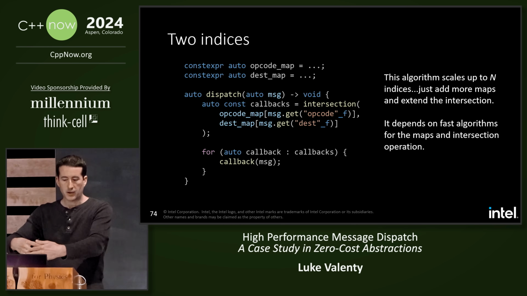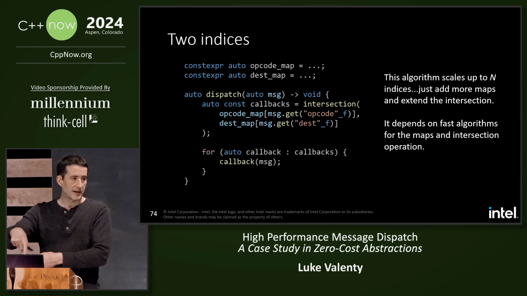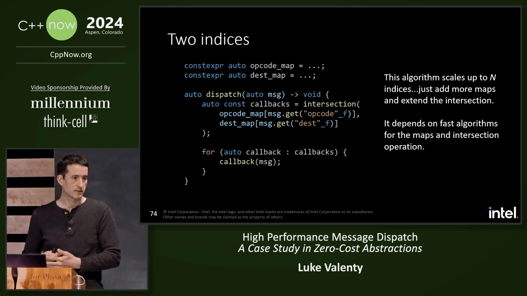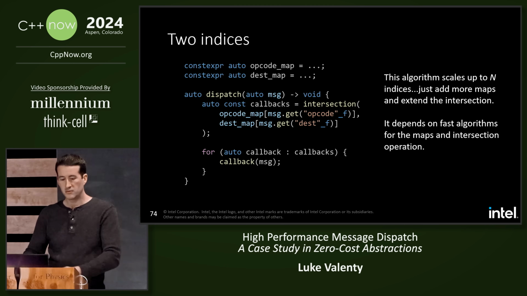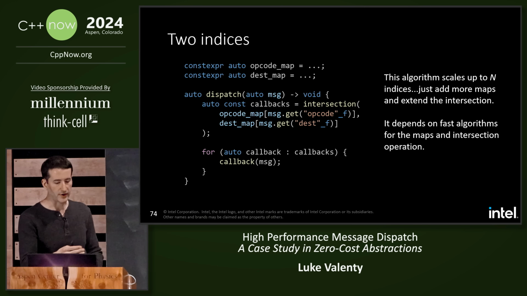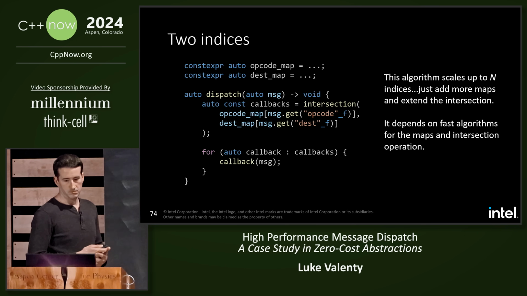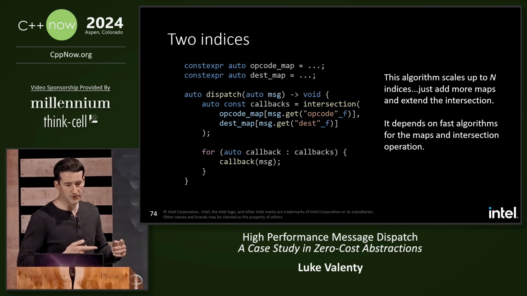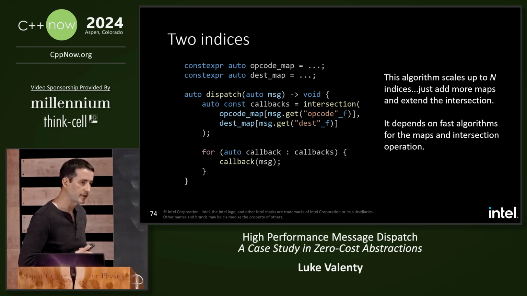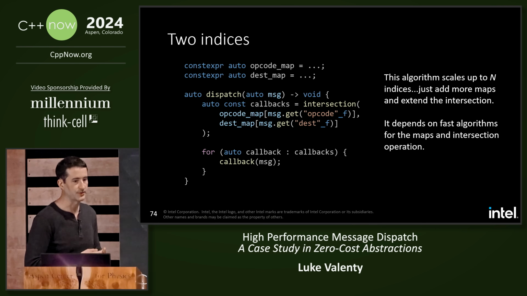If the callback was found in the list that matched the opcode and the list that matches the destination, then you know that callback matches both of those fields together. So it's a memory read, and it's 32-bit, for example. And then we iterate over that list of callbacks, and we process those messages. So we need very fast lookup for this, and we need a very fast intersection operation, and our data structures need to allow us to do that.